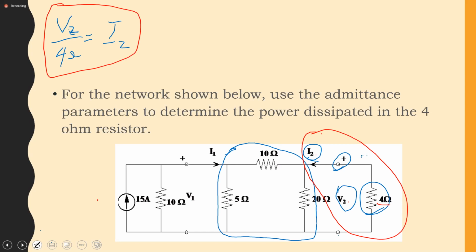Flowing towards it, sir. So it will be going down. So the current through the 4 ohm would be going from top to bottom. But the I2 is going from bottom to top based on convention. Therefore, what we would have to indicate here is that V2 over 4 is minus I2. Or we can say V2 is equal to minus 4 I2.